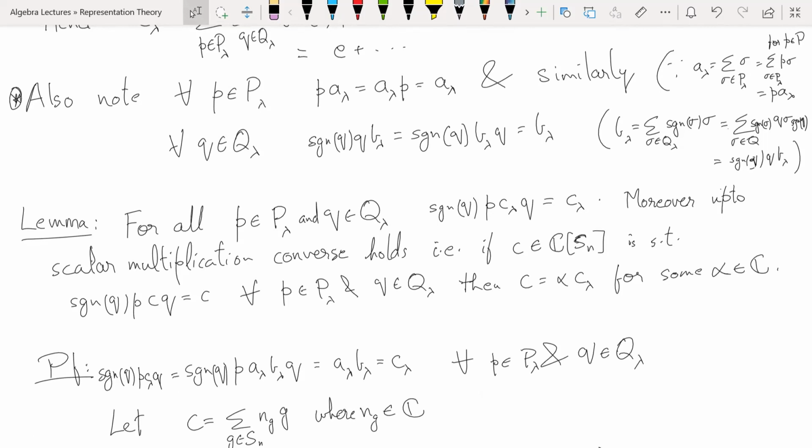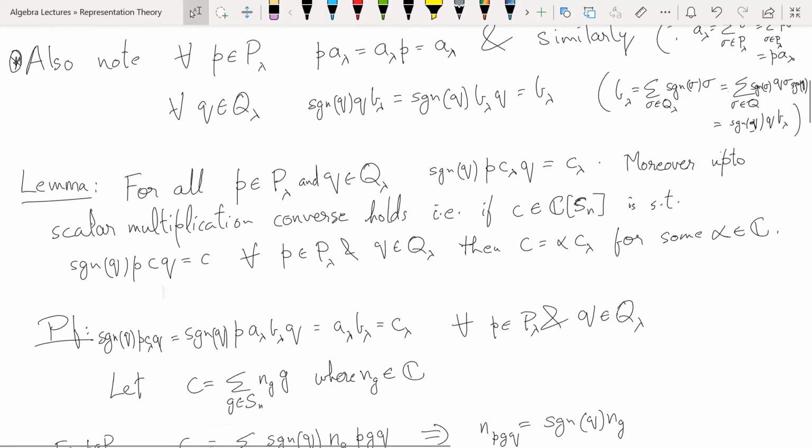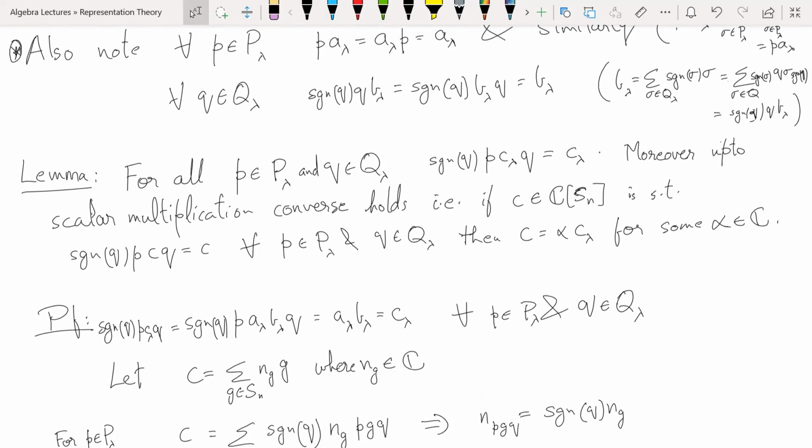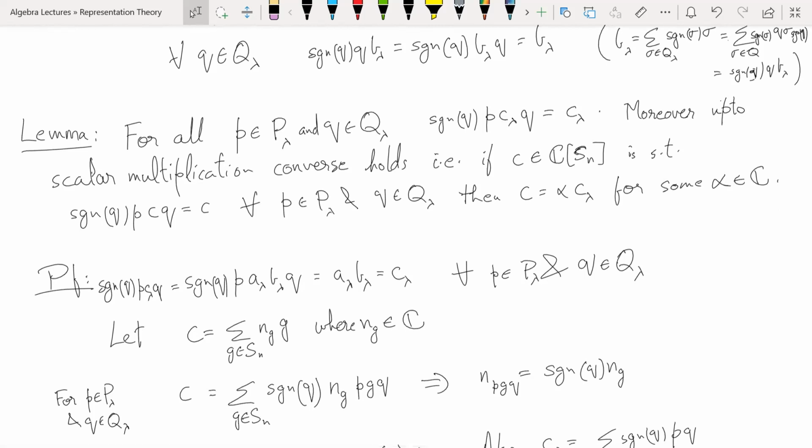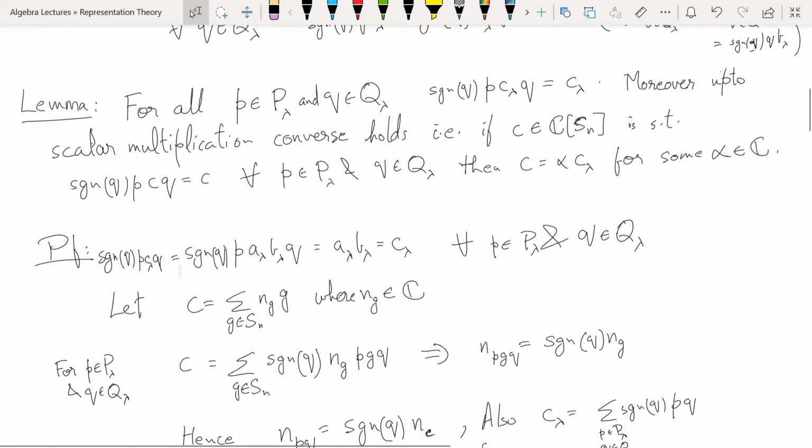the coefficient of pq in c and the coefficient of n_e in c are plus or minus 1 of each other. So they are sort of multiples. They only differ by the sign of q. That is where we are heading.